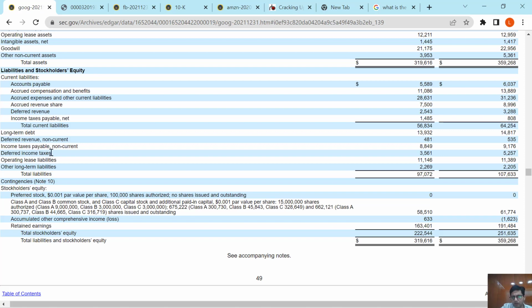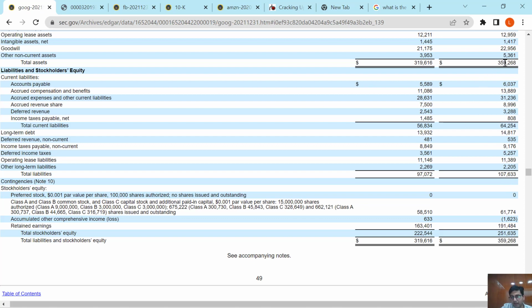This is much more of a general and a taxation entry. It doesn't have too much impact on your business affairs. Operating lease liabilities, other long-term liabilities, those liabilities which are to be paid after a year. These are all bundled here. And this gives you the total liabilities of Google of $107 billion.